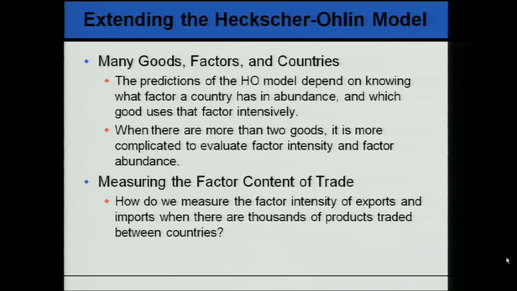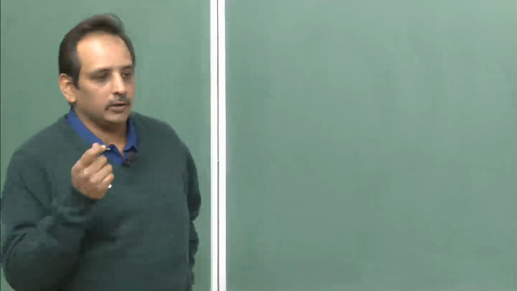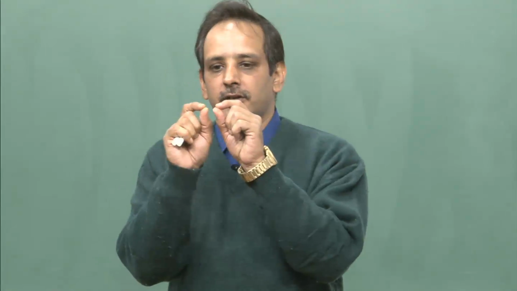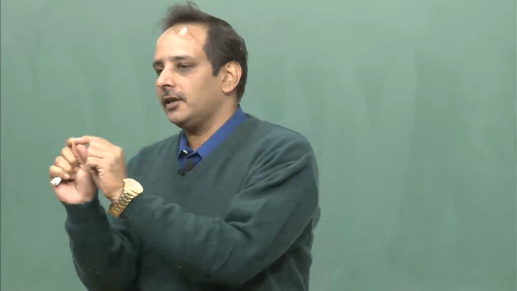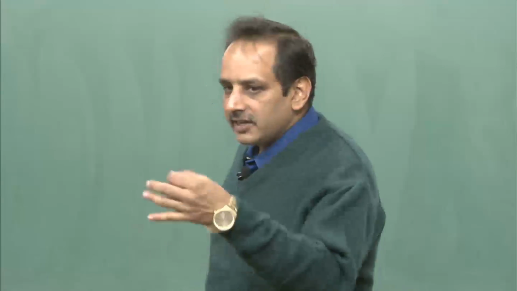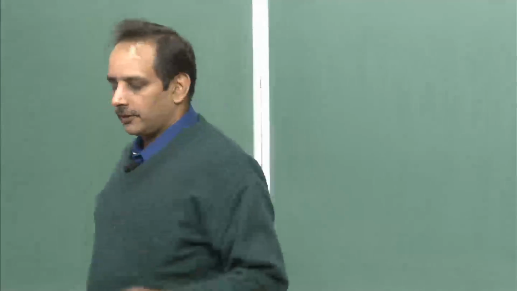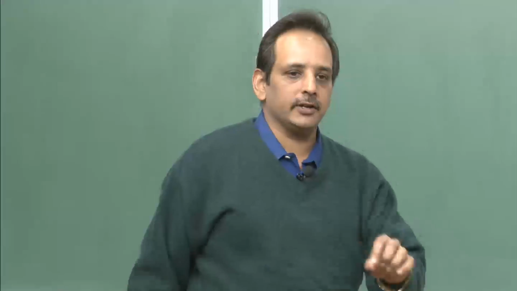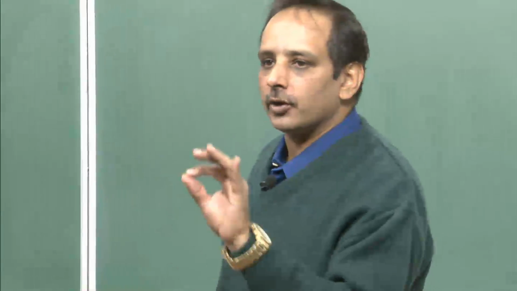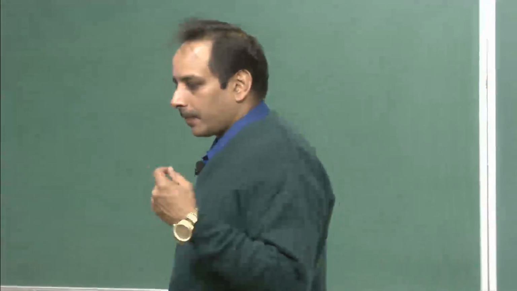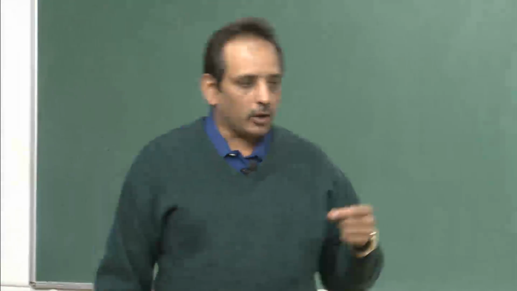Now, please recall the Heckscher-Ohlin theorem, which says a country which is rich in labor will export labor intensive products. So, you have to establish a relationship between factor intensity and factor abundance. It was easy in the 2 into 2 into 2 model, because factor abundance was defined as: if the capital labor ratio in one country is greater than the capital labor ratio in another country, you would say that country A, according to the physical definition, is rich in capital.